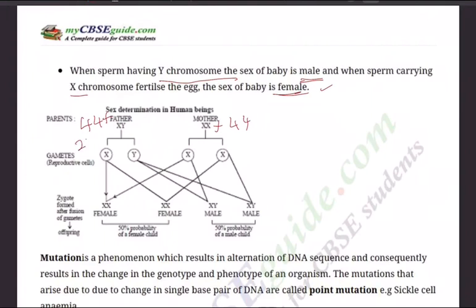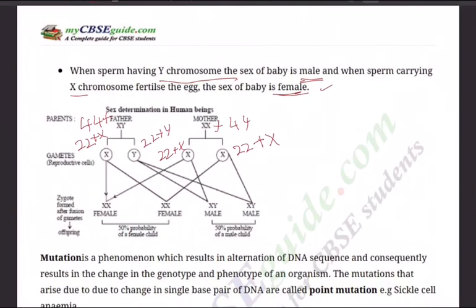So 44 will become 22, and out of the XY, one will have X, another will have Y. So 22 plus X is one sperm, 22 plus Y is another. In the case of the mother, it is again 50%. One will have 22 plus X, and another also, it has no variety, no choice, because XX gives 22 plus X only.